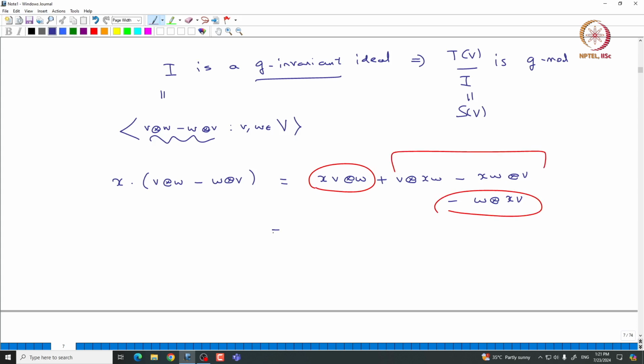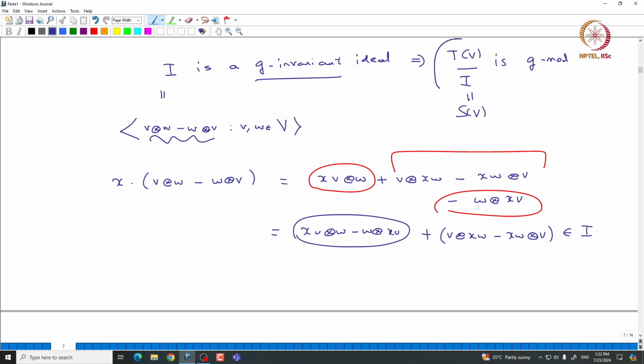That gives us x V tensor W minus W tensor x V, which is in the generating set, plus V tensor x W minus x W tensor V, which is also in the generating set. So, that means this is again in the ideal capital I. So, I is G invariant. Once you know that I is G invariant, once you go modulo that ideal, you again get a G module structure on this quotient.